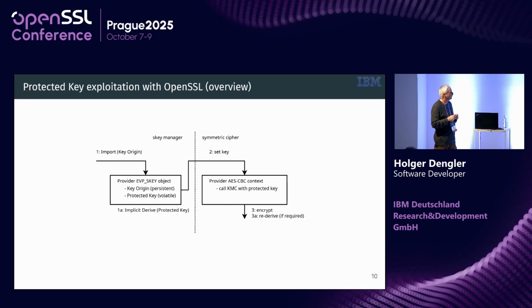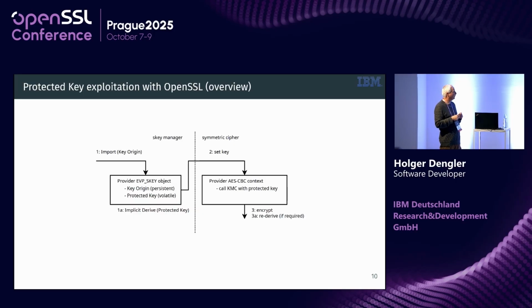So if you're moving a running workload from one machine to another, this could mean that in the middle of an encryption, the protected key becomes invalid. We need to handle these kinds of situations as well.